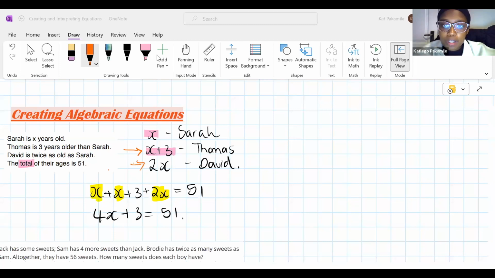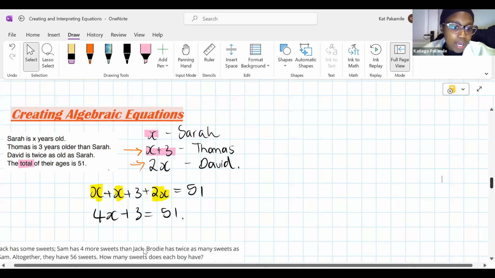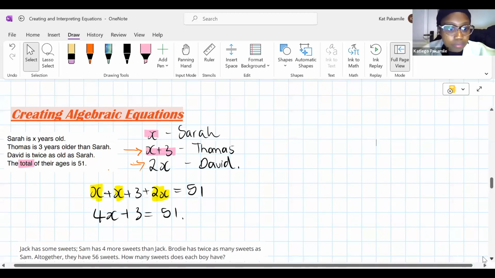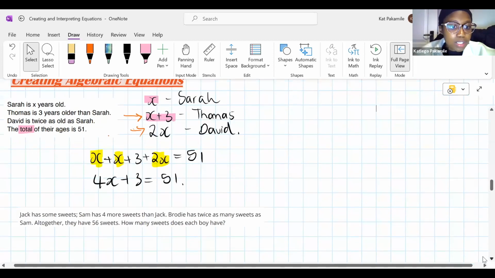Okay. Nobody else is raising their hand, so we're good. Let's see what the next one says. Jack has some sweets. Jack is going to be my friend, and I'm guessing Tato wants to help me with this one. Tato, are you helping me with this one? Yes, ma'am. Okay. Jack has some sweets.